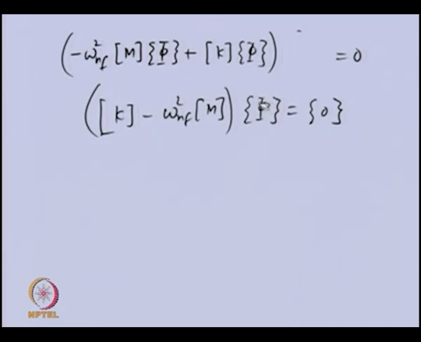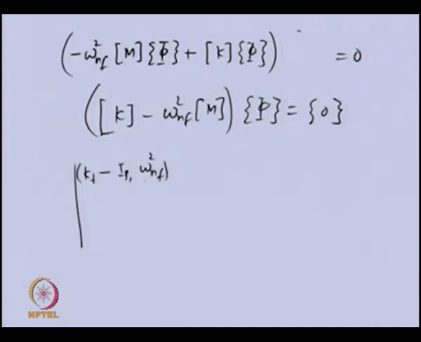So, to have a non-trivial solution of this, obviously we need to take the determinant of this to be 0, and this particular matrix now I am writing as a determinant. So, we had KT minus IP1 omega NF square.